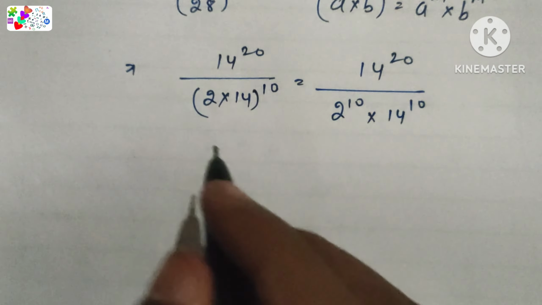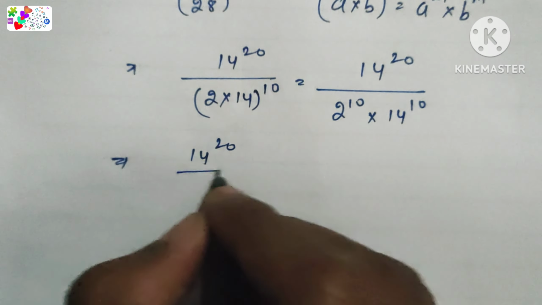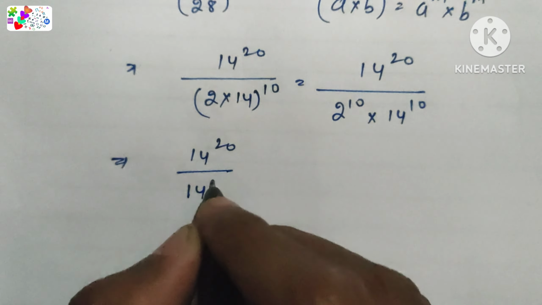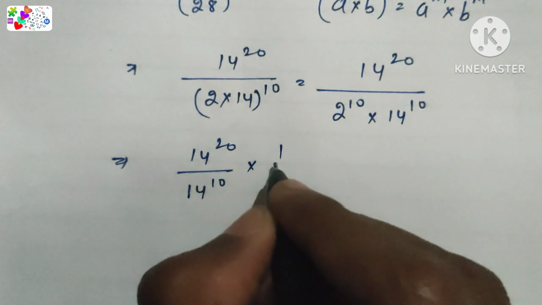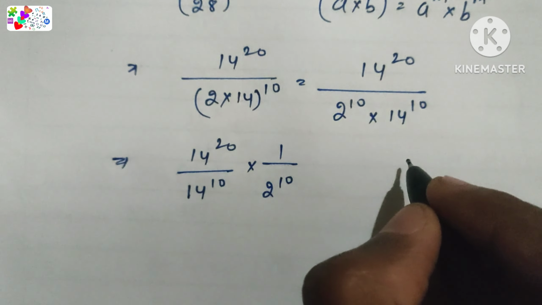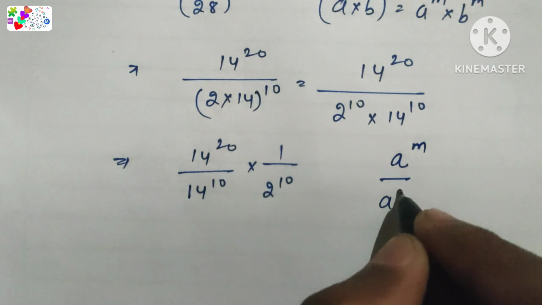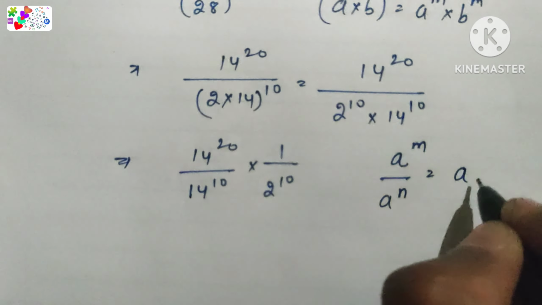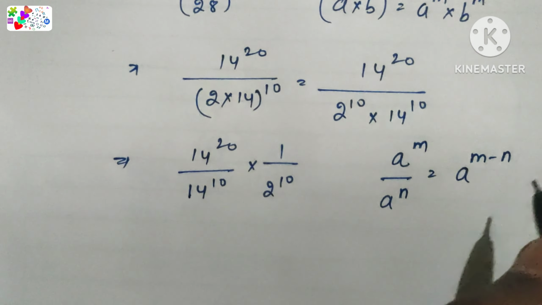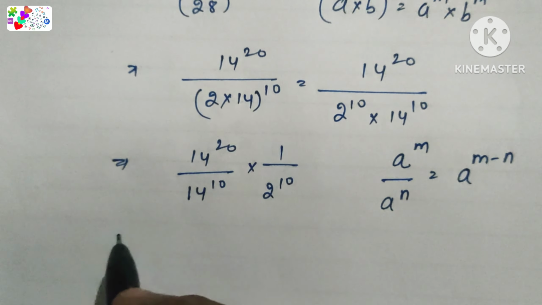Now I can write 14 power 20 and 14 power 10 into 1 by 2 power 10, and we know that a power m upon a power n is equal to a power m minus n.